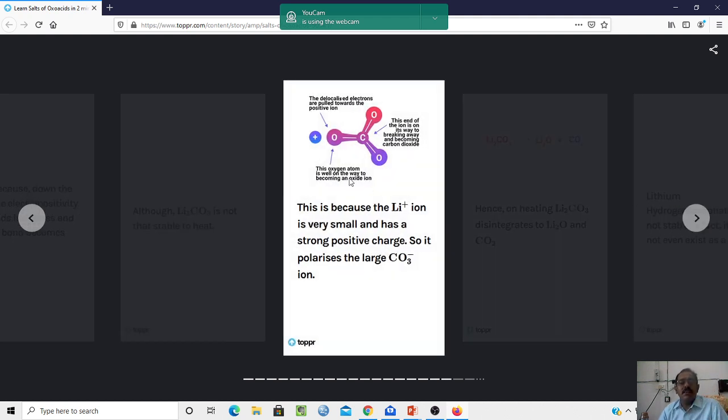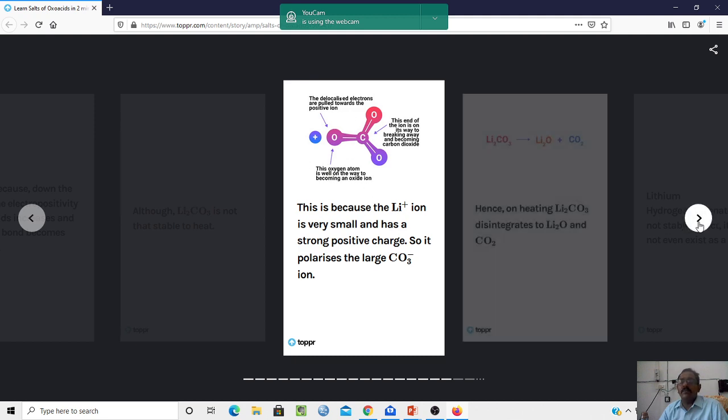Let us understand with the structure, where you see the carbonate ion. In the case of lithium, this part alone goes off as carbon dioxide, CO2. This oxygen joins with lithium and forms lithium oxide.